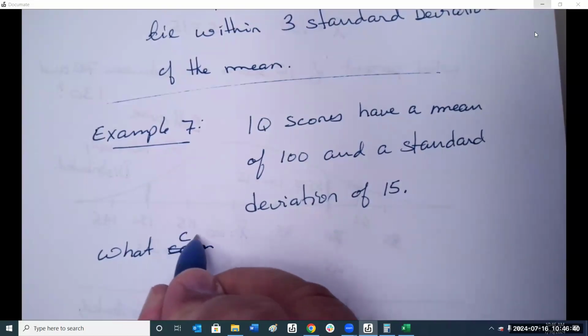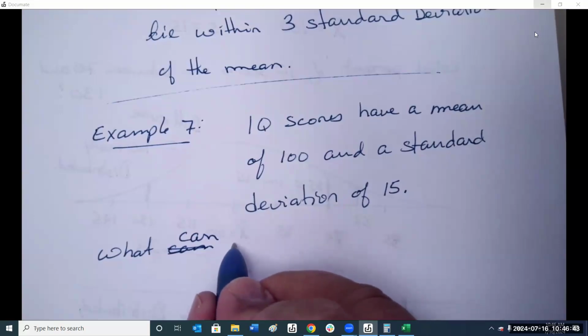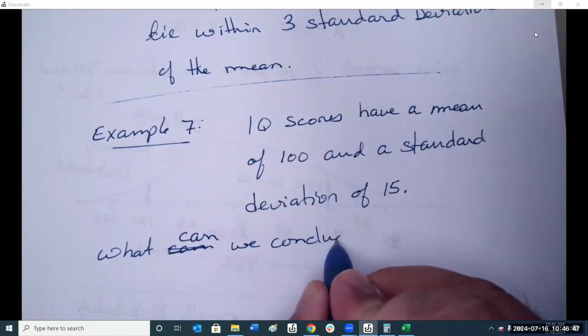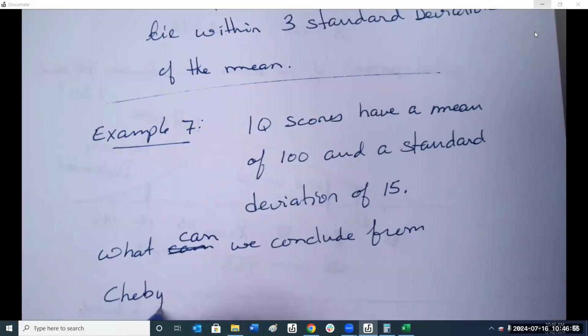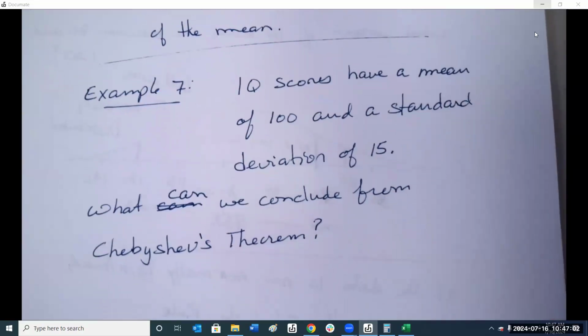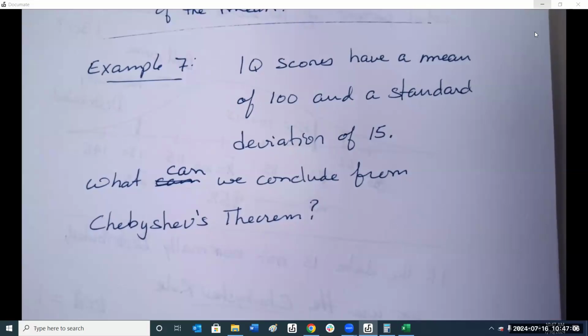What can we conclude from Chebyshev's theorem?